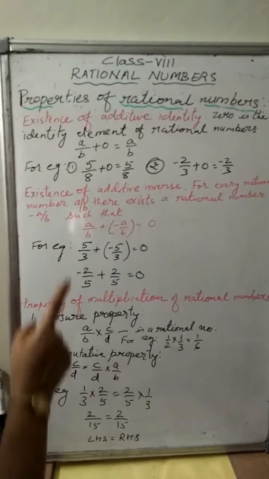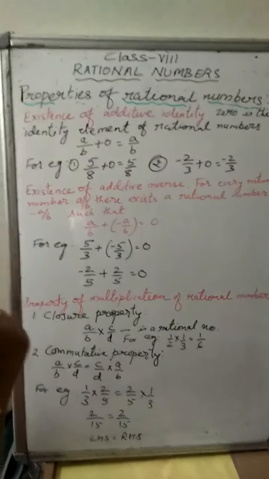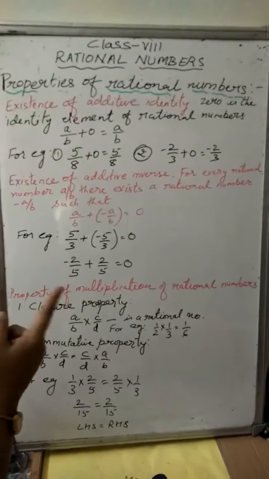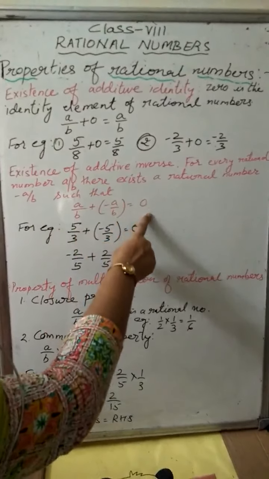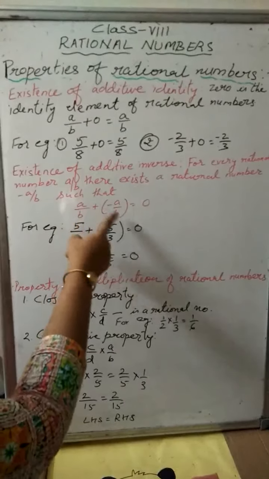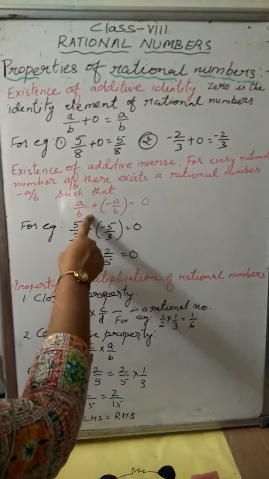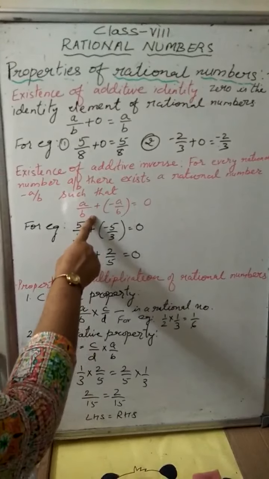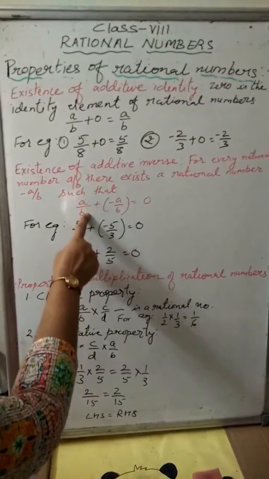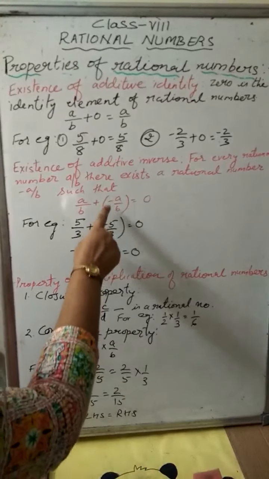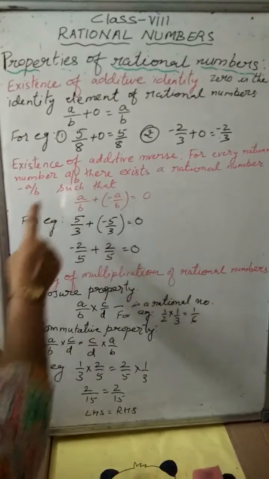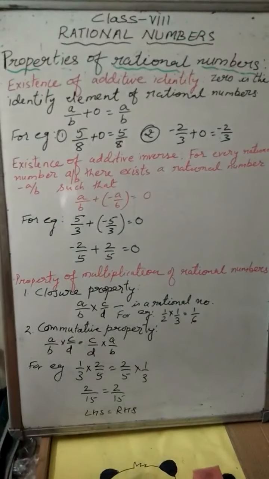It means when you add a rational number to another rational number and the result is 0, then both the numbers are called additive inverse of each other. In this case, A by B is the additive inverse of minus A by B, and minus A by B is the additive inverse of A by B.